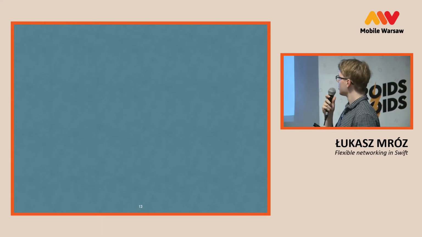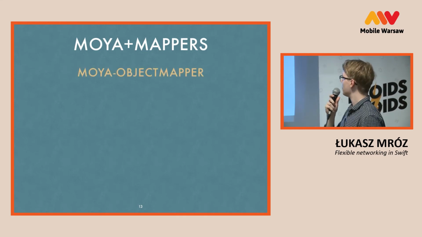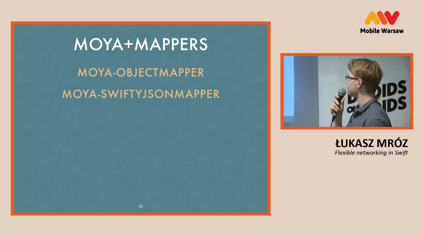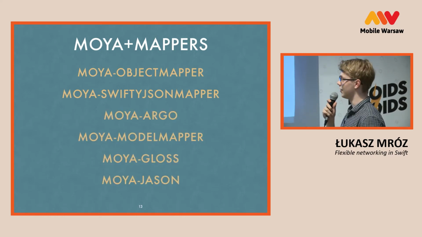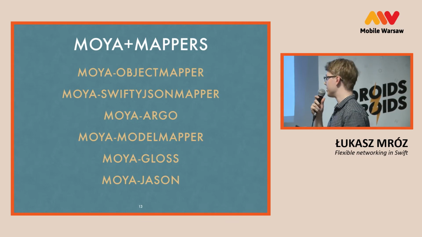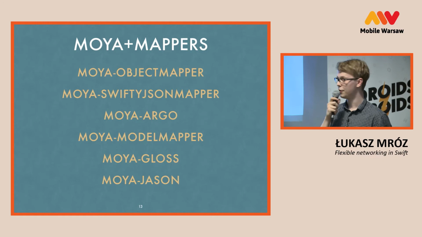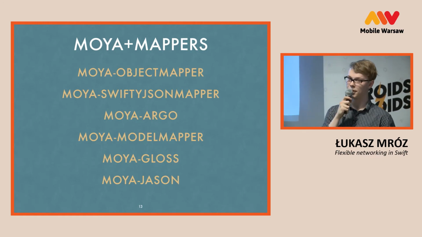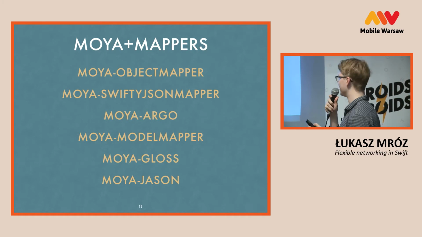But there are many mappers that you can choose from in Moya. First is the object mapper. We have SwiftyJSON mapper, Argo, ModelMapper, Gloss, JSON. And if you don't have your favorite one on the list, you can just check the code of the existing ones and just get inspired and write one.